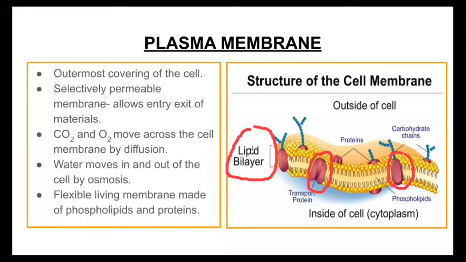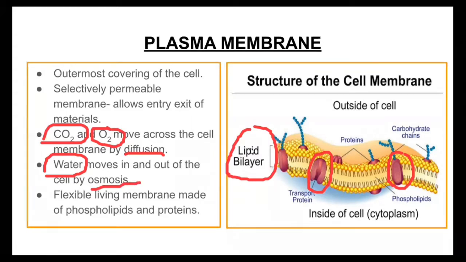Then comes the functioning of the plasma membrane. Always remember, carbon dioxide gas and oxygen gas both enter or go out from the cell by the process of diffusion, but water moves inside and outside of the cell by the process of osmosis.